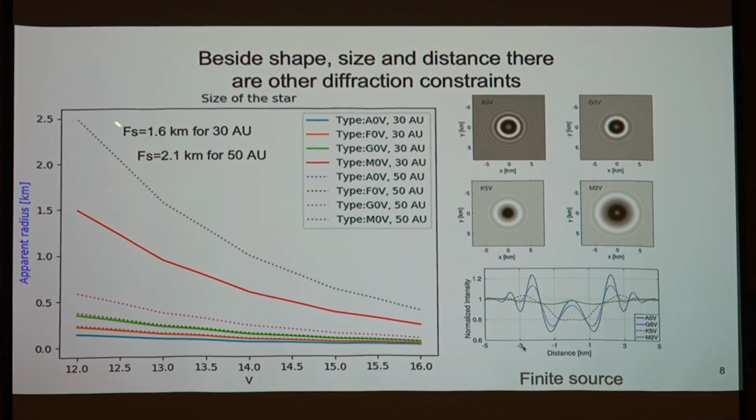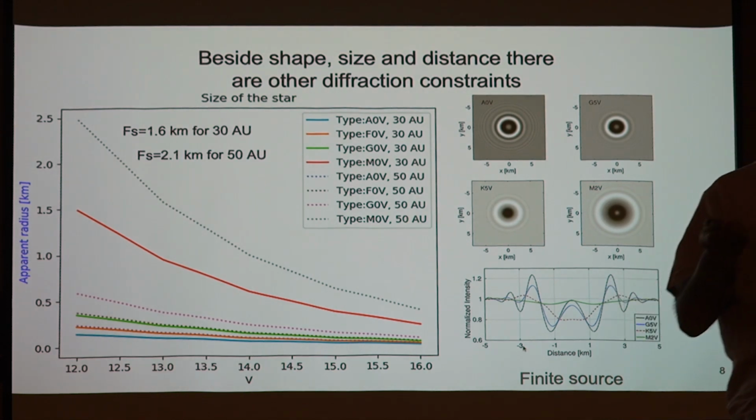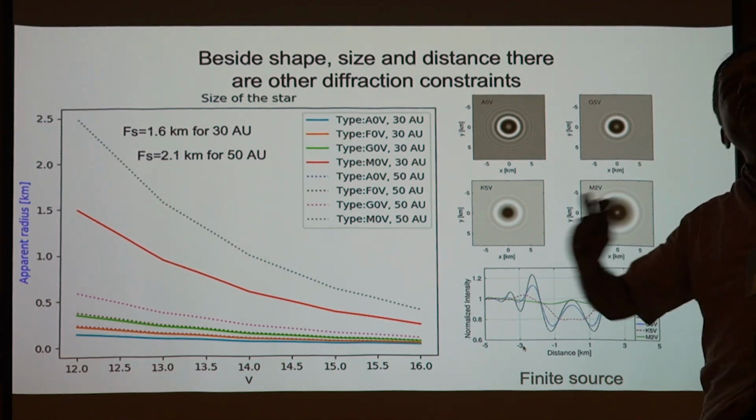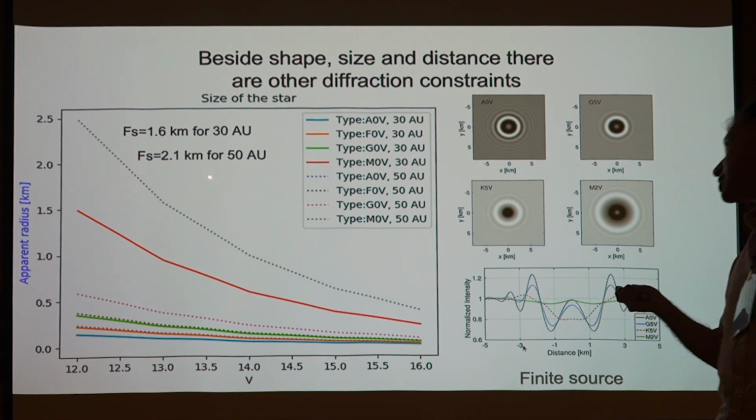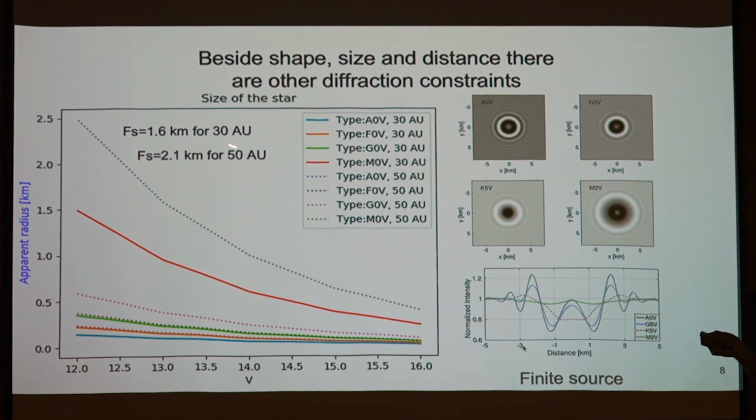The other thing is, Matt already mentioned that the Fresnel scale is a measure of how big the diffraction pattern is, how far the diffraction spreads out of the center of the object. So it depends on the distance and on the wavelength, of course. Taking 600 nanometers as the wavelength, we can calculate this.